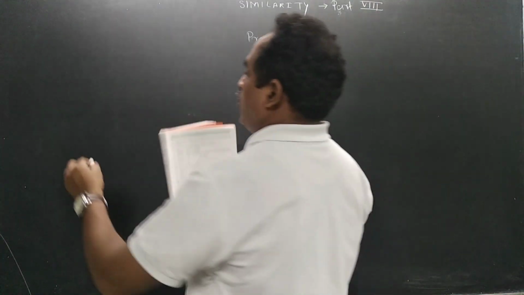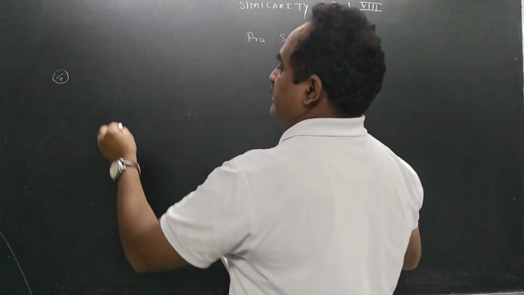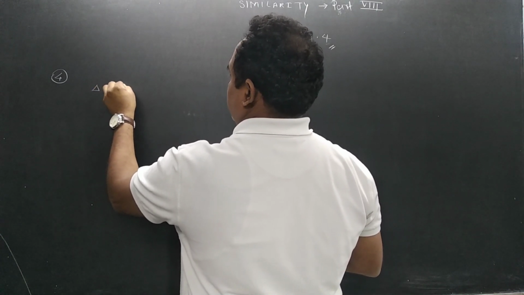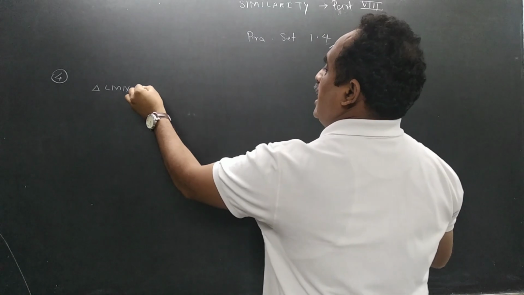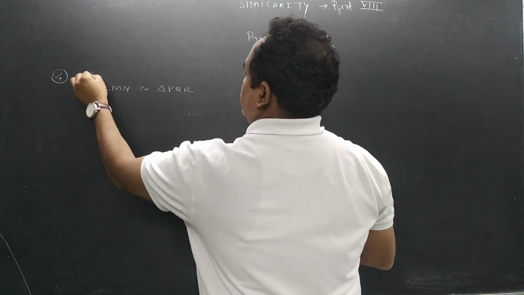Now see question number 4. In question number 4, they have given that triangle LMN is similar to triangle PQR. So I will start like this only.